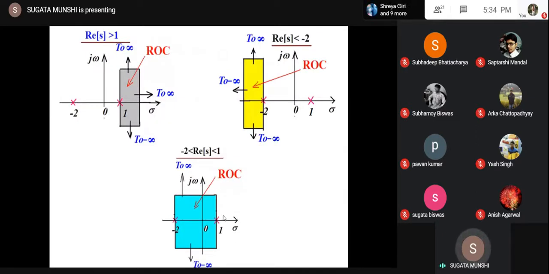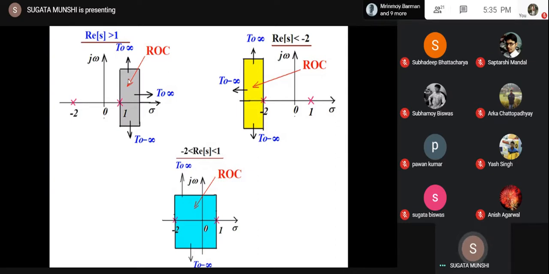So these are the ROCs. That one corresponds to the one extending from sigma equal to 1 rightward up to sigma equal to plus infinity. So real s is greater than 1. Second is real s less than minus 2, starting from sigma equal to minus 2, it extends leftward up to sigma equal to minus infinity.